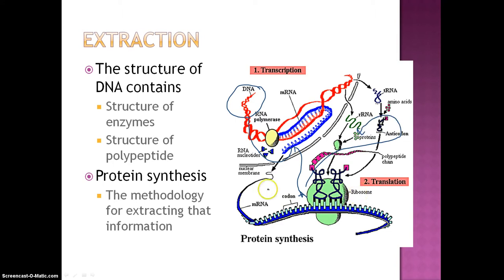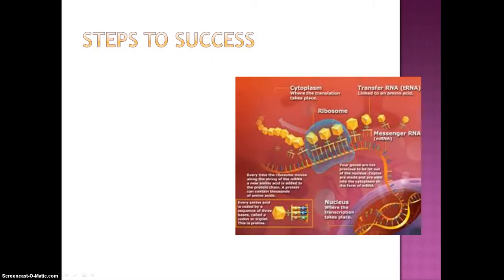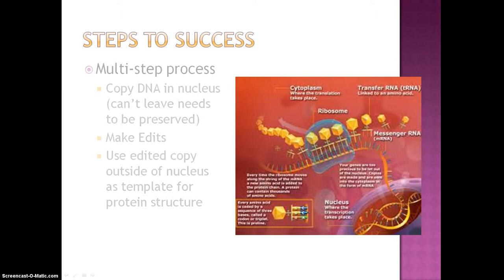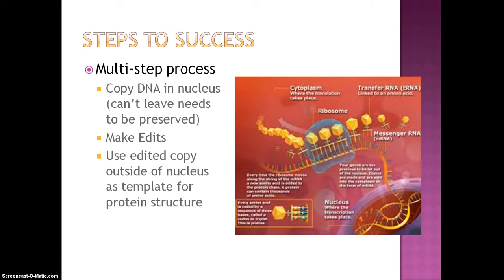Okay, so there's a lot of things we need to talk about in all of these steps, and in future presentations we're going to get into each step individually and talk about how they happen, why they happen. Okay, so let's start off with some of these steps, without getting into a ton of the details. All right. Protein synthesis is a multi-step process.